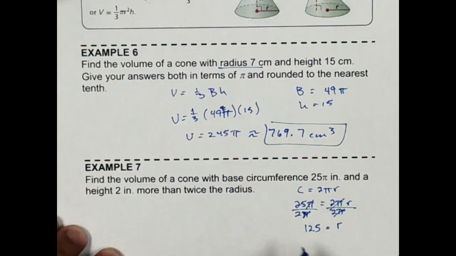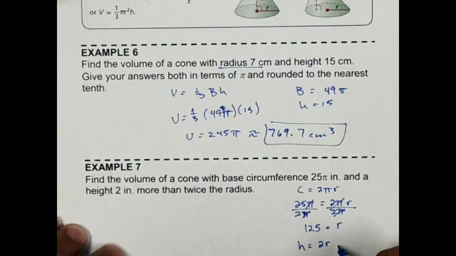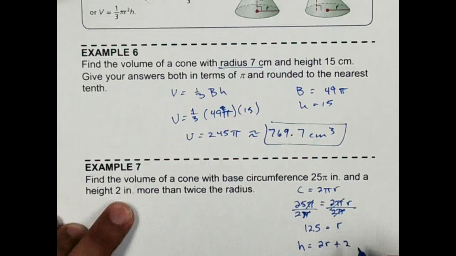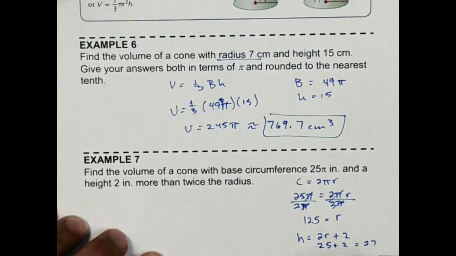Now for my height, I know it is 2 more than twice the radius. So that's going to be 2r plus 2. 2 times 12.5 is 25, and 25 plus 2 gives me 27. So my height, h, is 27.